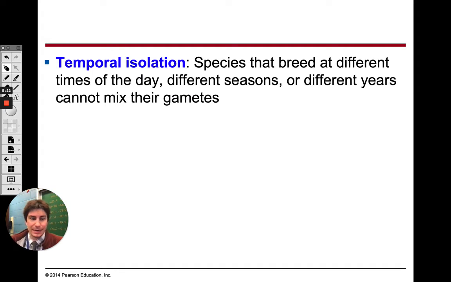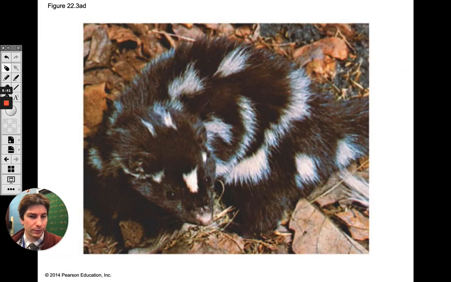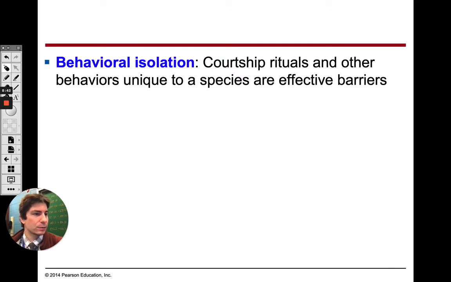They mate in late summer. So one mates in early summer, one mates in late summer. It's kind of like one's not in the mood during certain times of the season. So they are not going to be mating just because of their different times. All right. I went over the frog one, so we'll just skip this one.